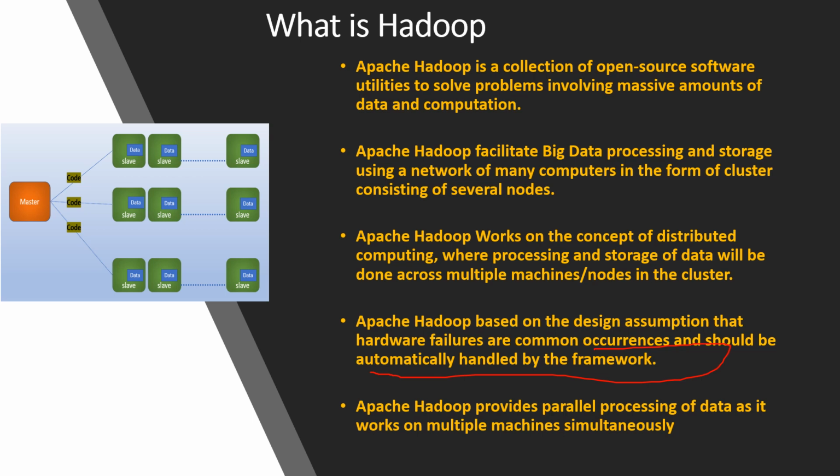So this is also the definition of fault tolerance in the distributed world, and Apache Hadoop is absolutely fault tolerant, and it takes care of the machine failure automatically as part of the framework. And as we have already discussed, the entire data processing would happen in parallel across different nodes in the cluster.